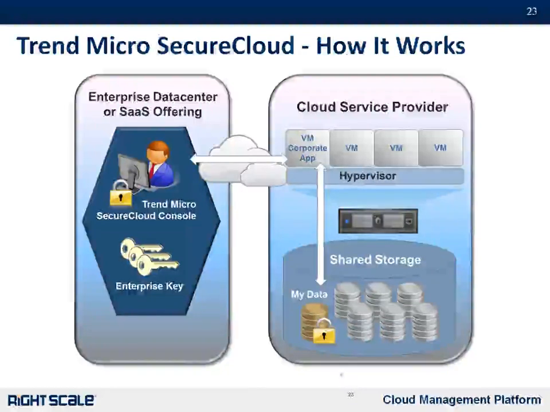Our service or our software holds your encryption keys for you. As soon as something is provisioned at a cloud service provider, a new instance comes up, or even if that instance is provisioned in a private cloud, it doesn't make a difference, a request comes from that instance as it's turned on or as it attempts to attach to a secure encrypted volume. The request comes to our console or to our service, and we validate that request.